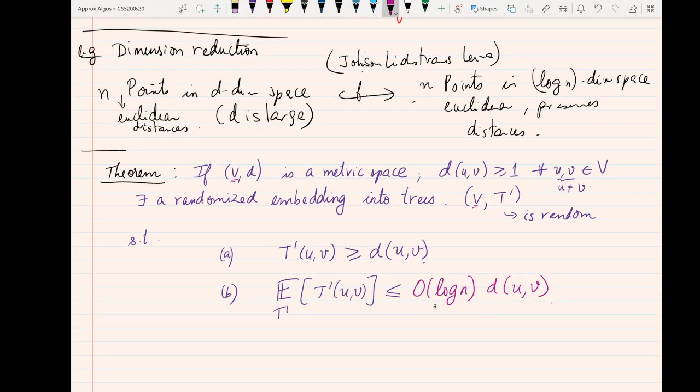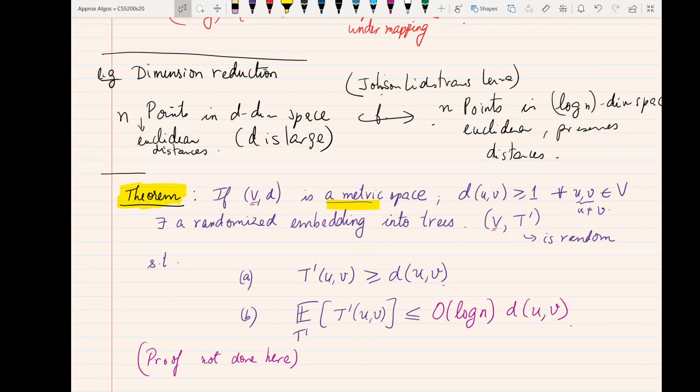Now I'm not going to give a proof of this in this lecture, but you can find a partial proof that gets to, I think, order log n in the textbook if you're interested. Another noteworthy aspect of this theorem is the fact that the metric space (V, d) can be any metric space.